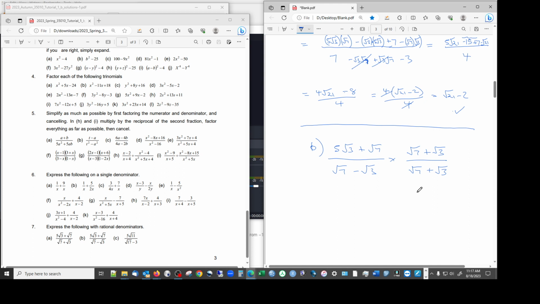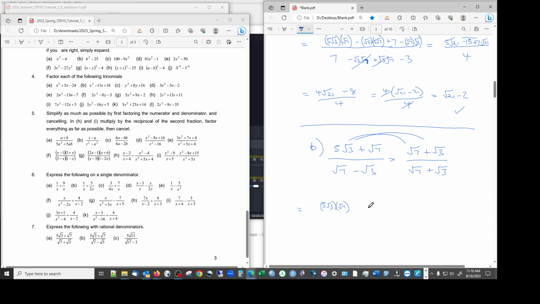It's allowed to be. So then what we'll do is we'll go and do our expansions. 5 root 3 times root 7. That's our top one. So I'm just doing it on the top. And so on and so forth. I'll stop drawing on those now.